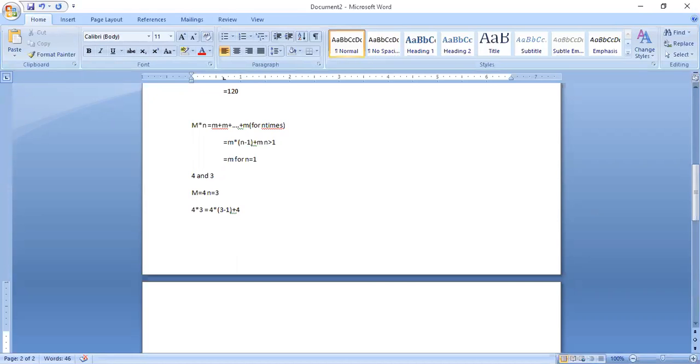It will be taken as 4 star 2 plus 4, which is nothing but 4 multiplied by 2 minus 1 plus 4 plus 4.